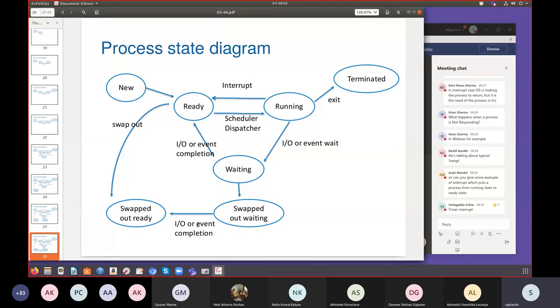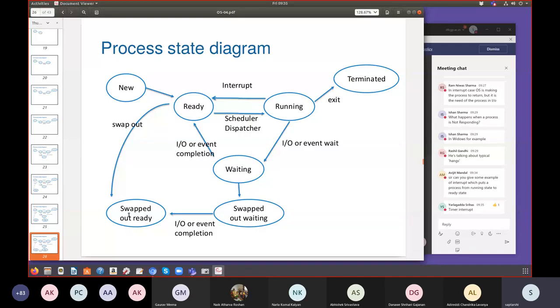Now the kernel sees that, oh okay, this process was swapped out, but it is no longer waiting. The event that it was waiting for has been completed. So then the kernel can bring it to the swapped out ready state. Okay. Agreed?